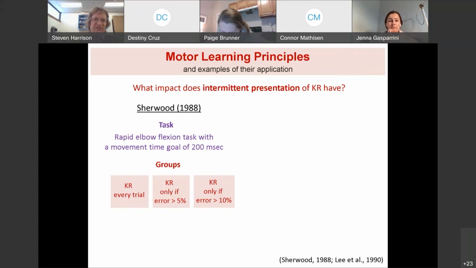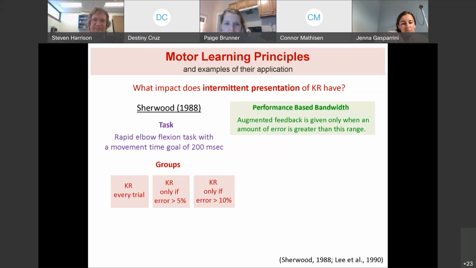The second group is going to receive knowledge of results only if you have an error in your movement that's greater than 5%. So if you have more than a 5% overshoot or undershoot of your movement time relative to the target movement time, we'll give you some feedback. Otherwise, we do not give you any feedback. And then another group where you provide knowledge of results only if you're more than 10% above or 10% below the target.